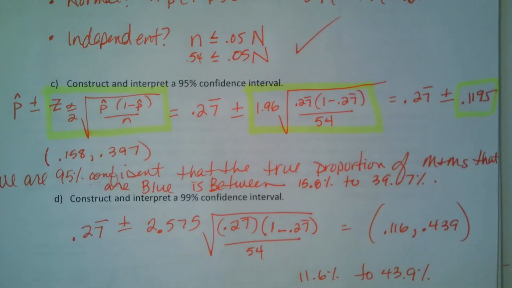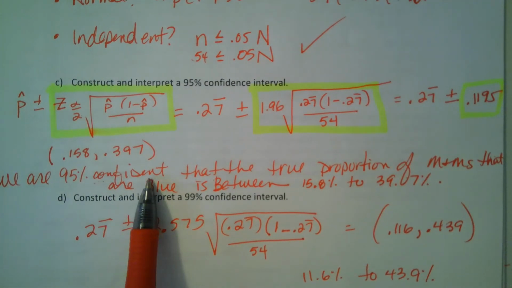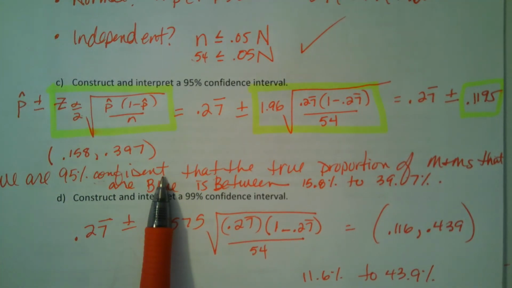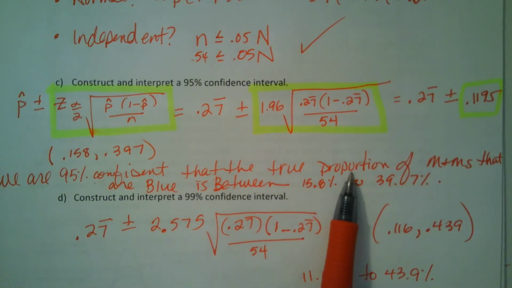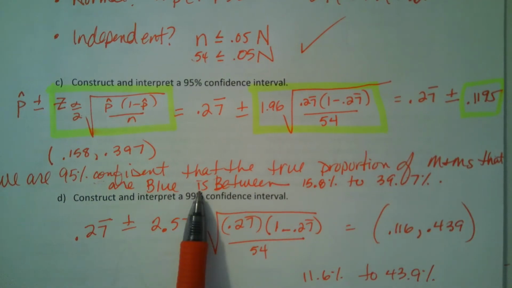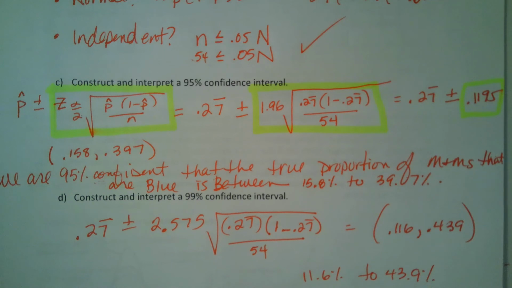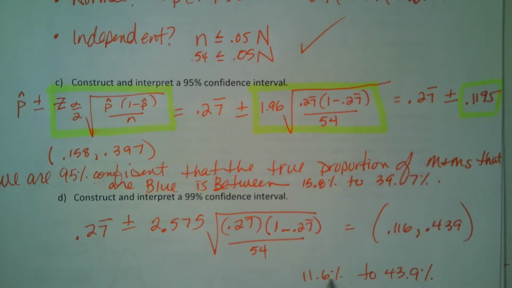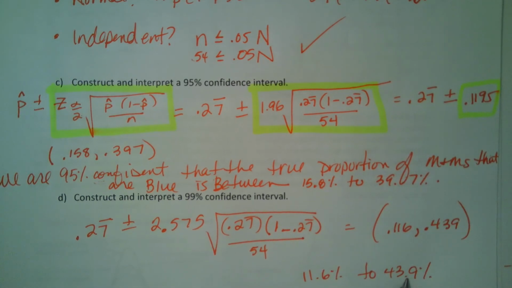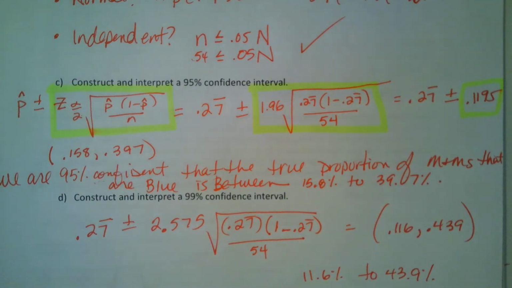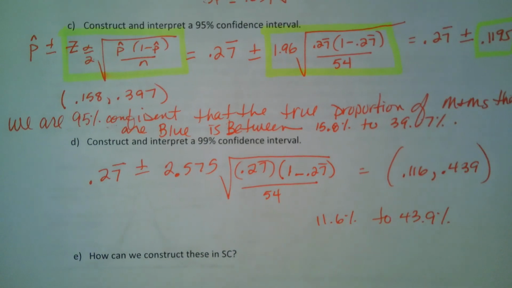So in a sentence, I would state that we are 99% confident that the true proportion of M&Ms that are blue is between 11.6% all the way up to 43.9%. That is a large range. Okay, so now what I'd like to do is show you how to do all of these in StatCrunch.